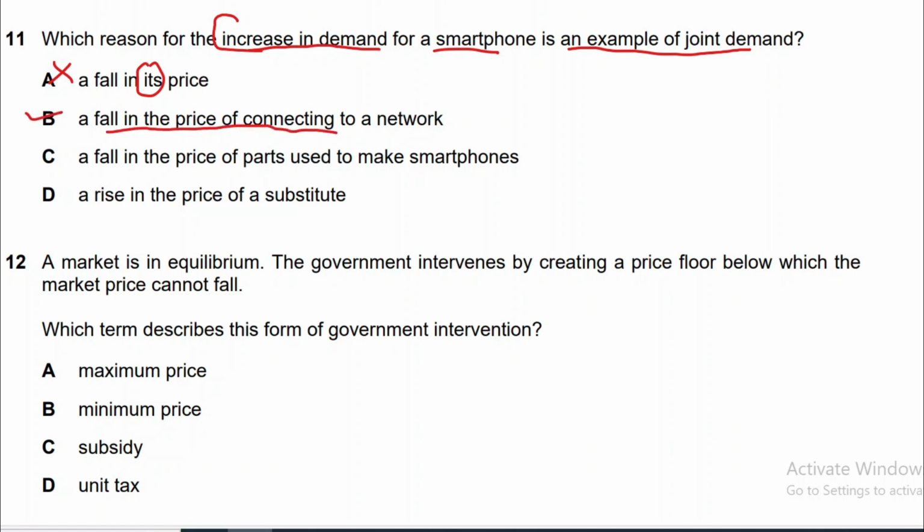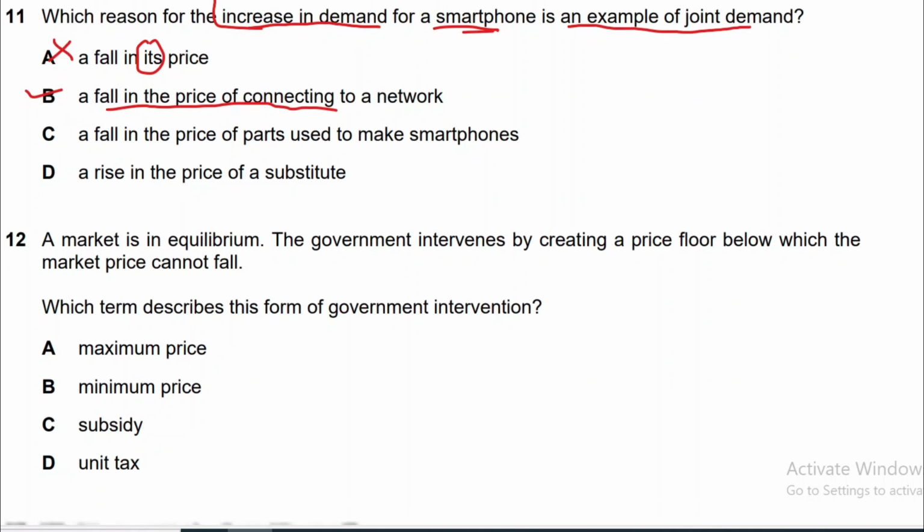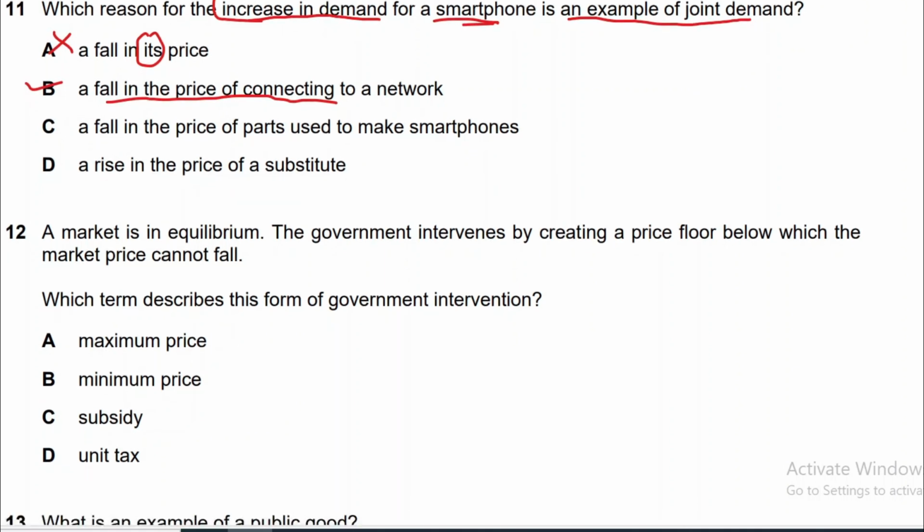So option B is the correct answer, because when connecting to the network is cheaper, then people will be able to get more connections, and when they purchase more connections, they will demand more smartphones. You can read the other options. If any one of them is confusing you, then write in the comments and I'll explain why those answers are incorrect.